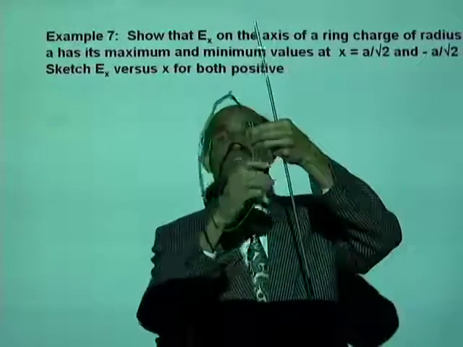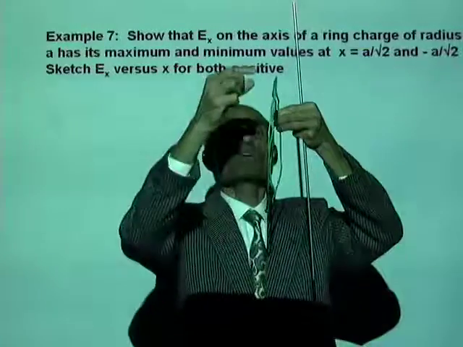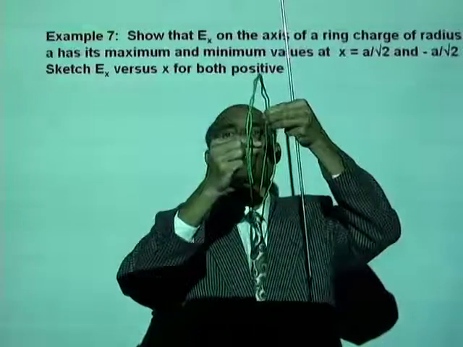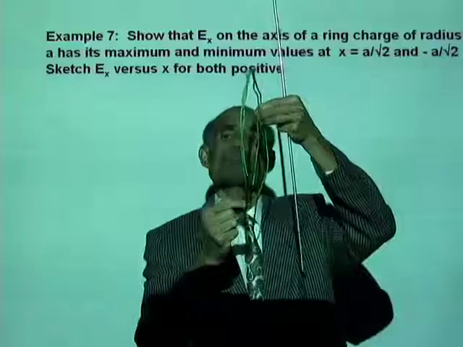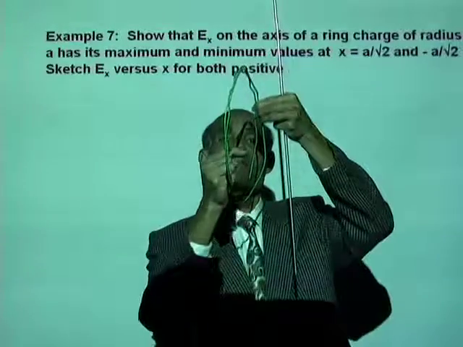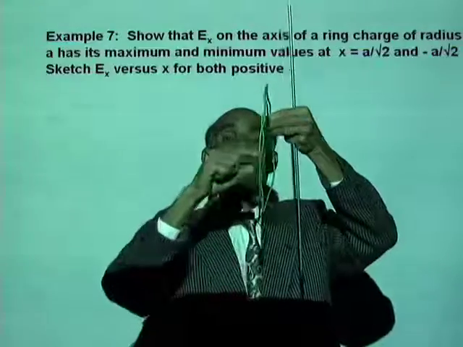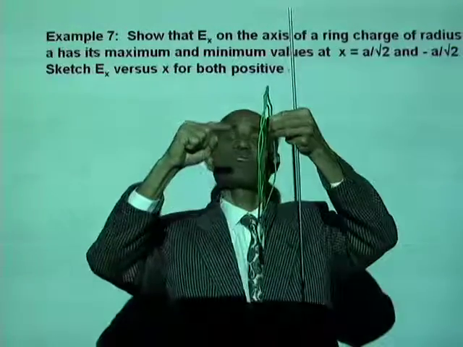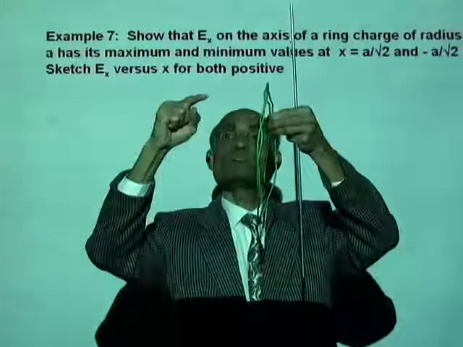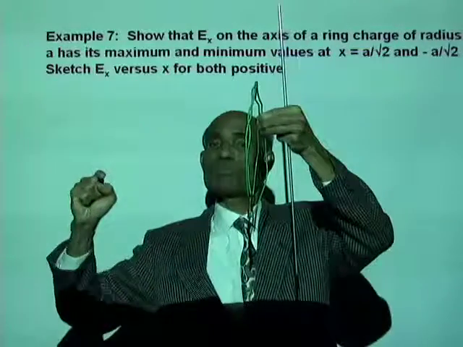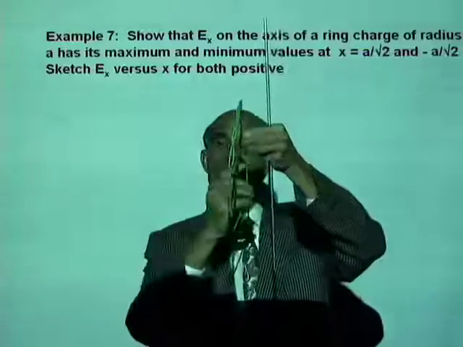At the center the electric field will be 0, because each segment on the top will produce a field at the center opposite to the field produced by the segment opposite to it. So the field will be 0 there. And as you move away, the electric field will increase. It will reach a maximum somewhere, and thereafter it will reduce.